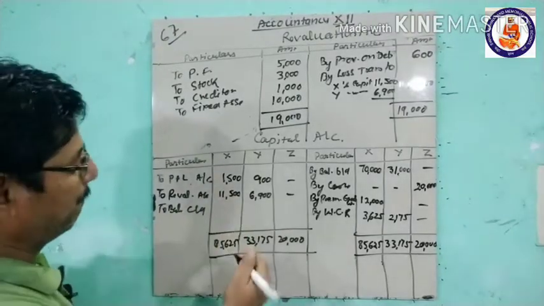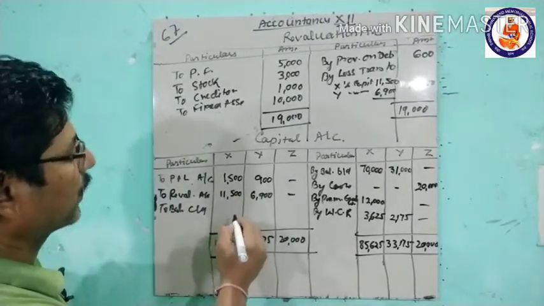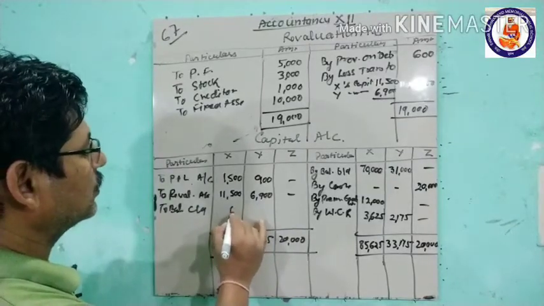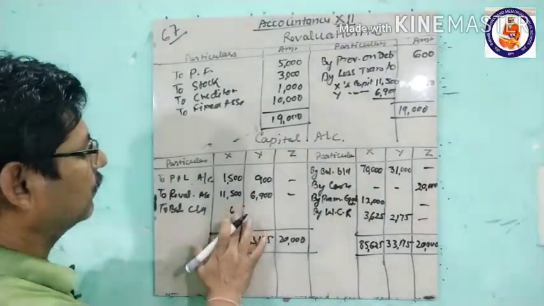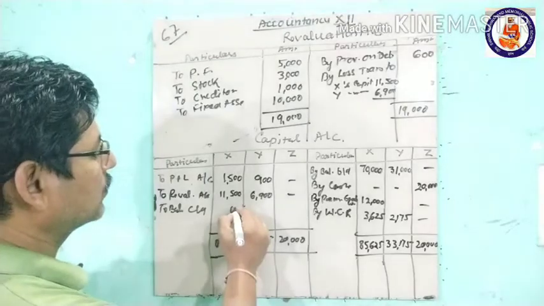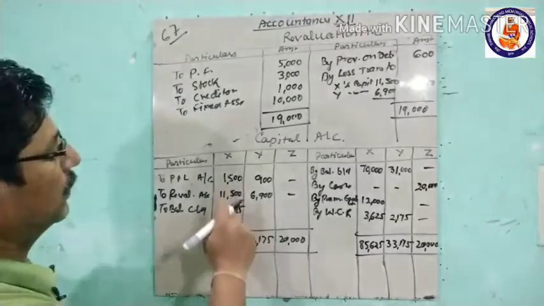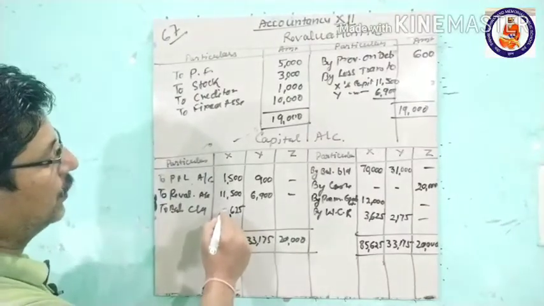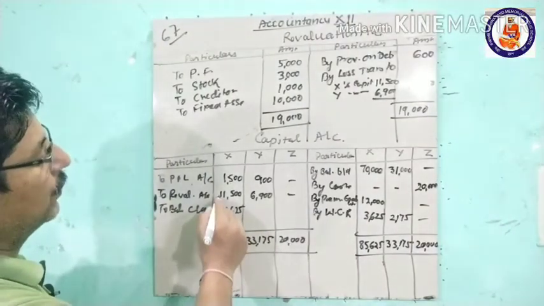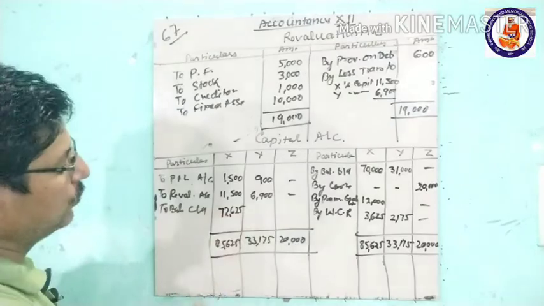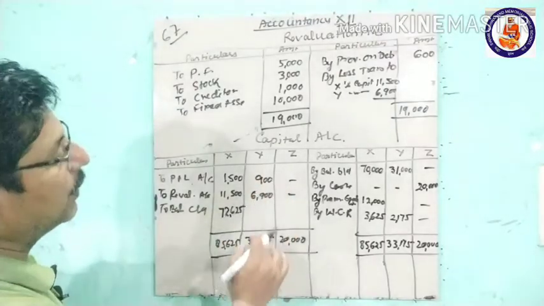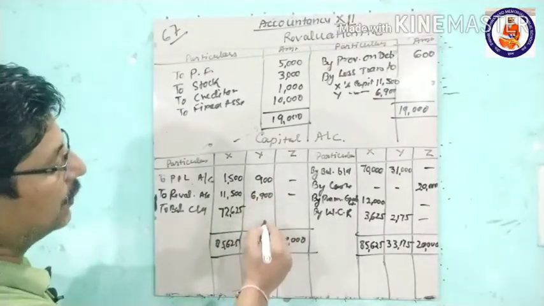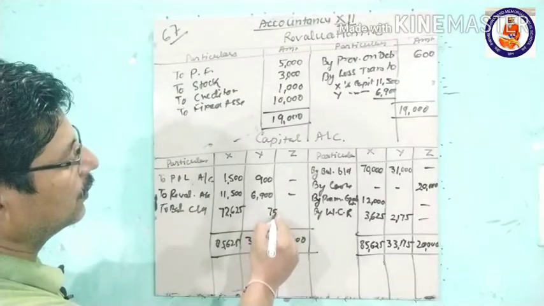If we add, this is 625, 625, and 2 and 3, 325, 72,000, and 9918, it is 75 over here.